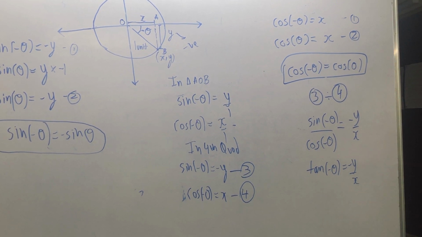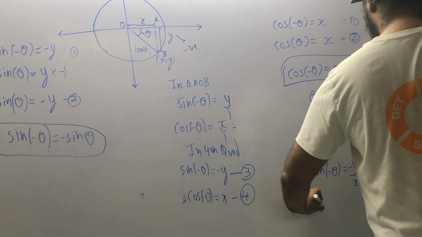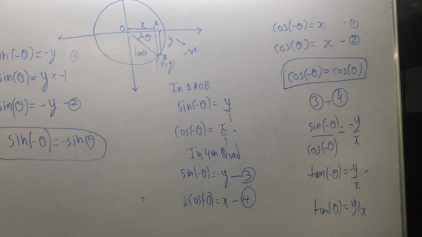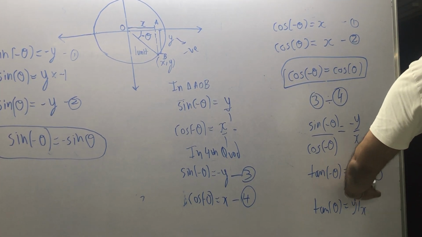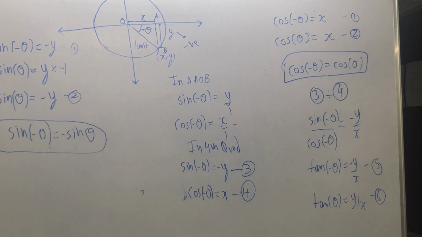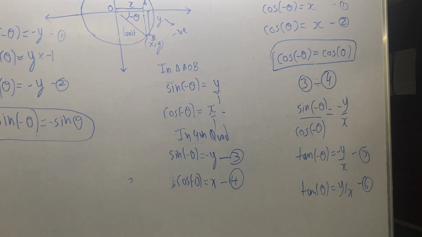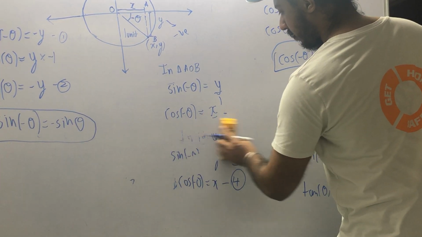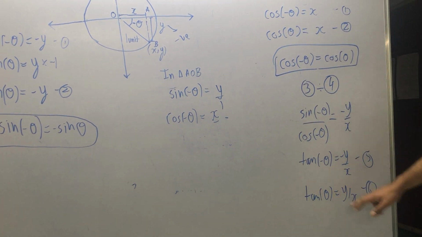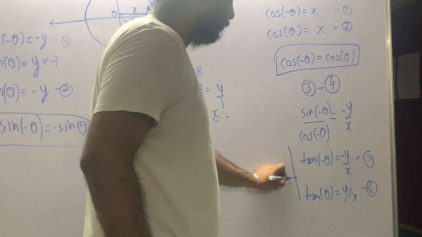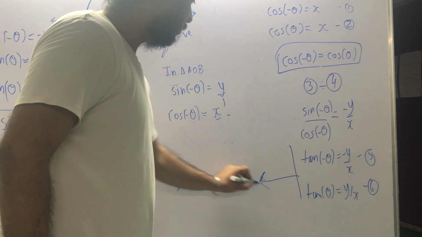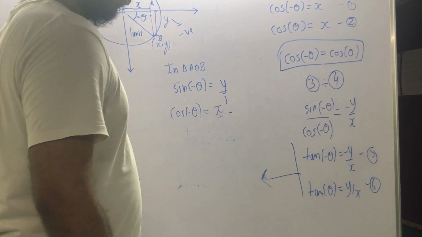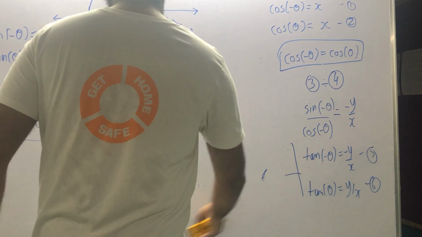Now you have all studied before, tan theta is what? Y by x. So we'll name these 5 and 6. From the 5 and 6 equations you can come to a conclusion. Wait a minute, I will rub this side.